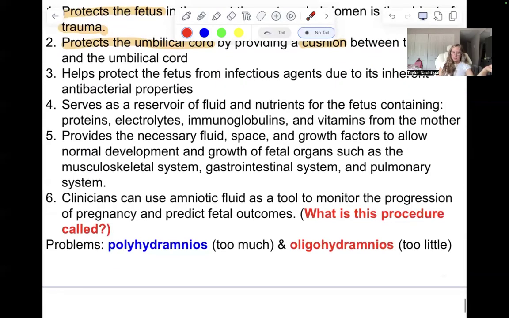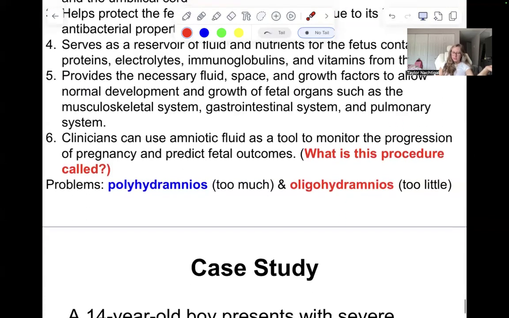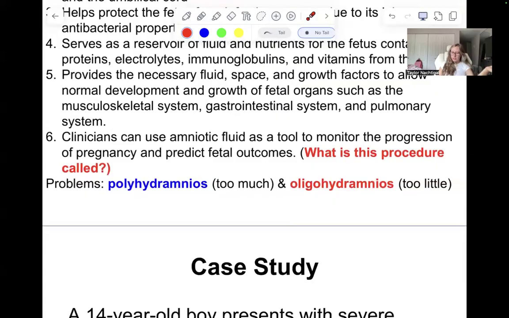It's going to provide fluid and space and growth factors to allow normal development and growth of fetal organs such as the musculoskeletal system, gastrointestinal system, and pulmonary system. Clinicians can use amniotic fluid as a tool to monitor the progression of pregnancy and predict fetal outcomes.